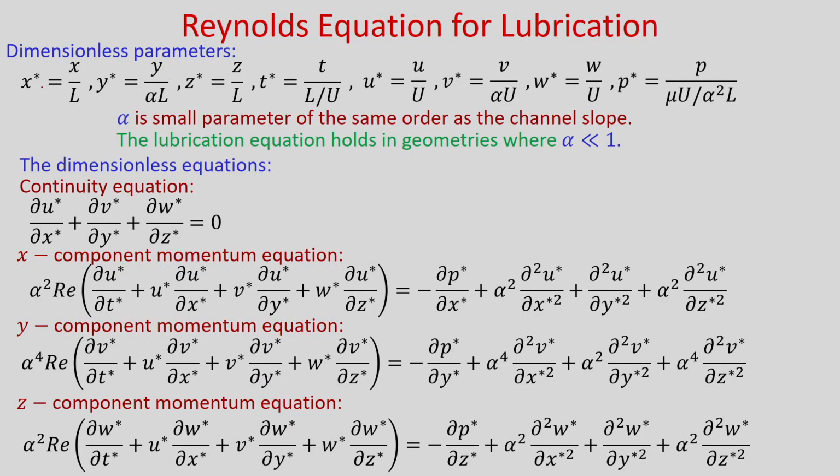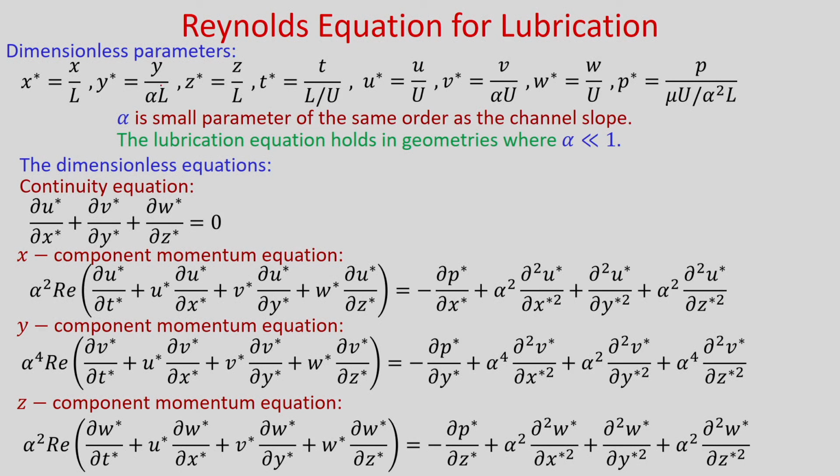So, you can see we are using these dimensionless parameters. So, x star, which is your non-dimensional x coordinate, is x by L, where L is the characteristic length, and for y star you can see that the height is very small compared to the length in the x and z direction.